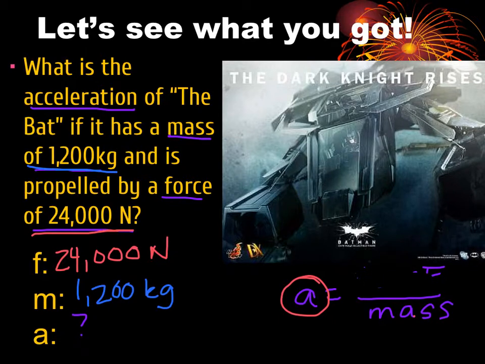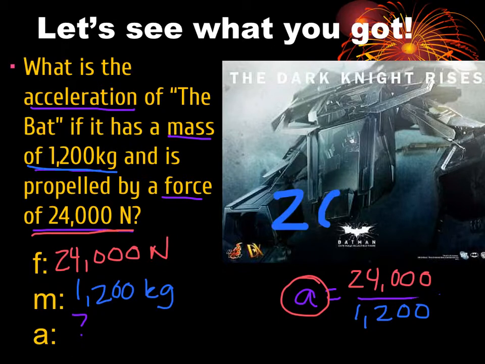My force value is 24,000. And my mass value, I can replace it with 1,200 and calculate it out. That tells me the total acceleration of the Batmobile would be 20, and of course including my unit, meters per second squared.